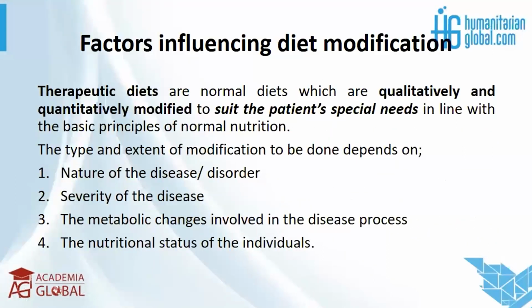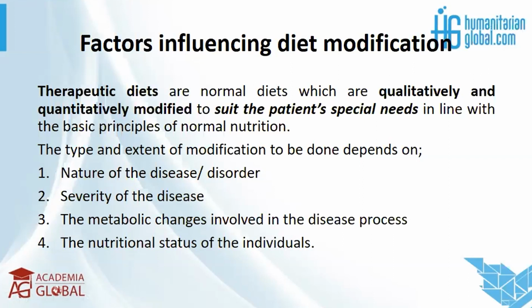Now, we might also want to consider what factors determine how we modify our diet. The factors that influence diet modifications are as follows. Number one is the nature of the disease or disorder. If you are changing the diet, you have to know what condition this person is suffering from.